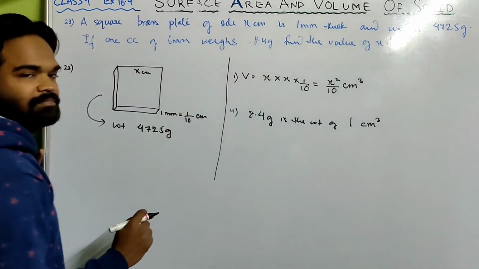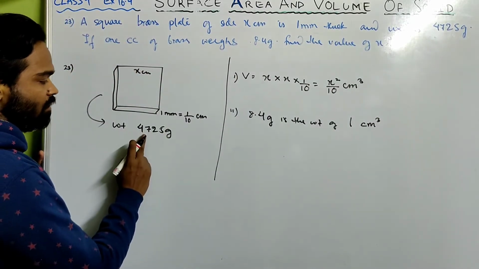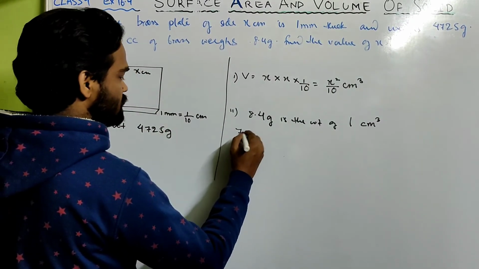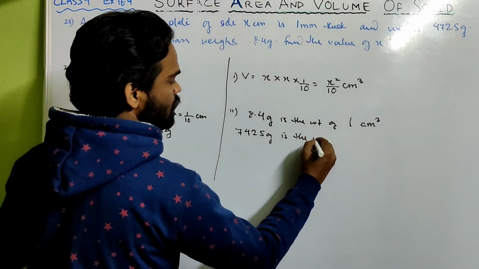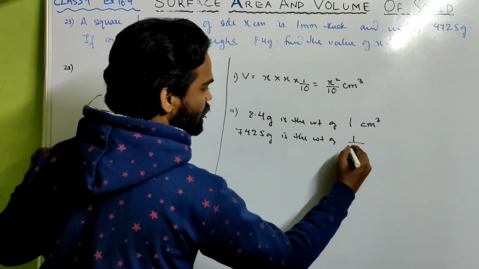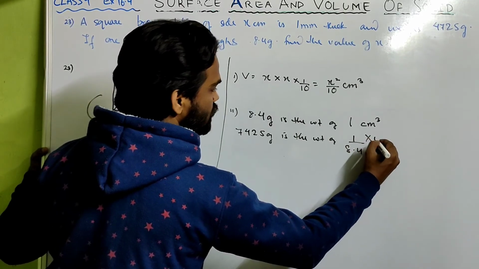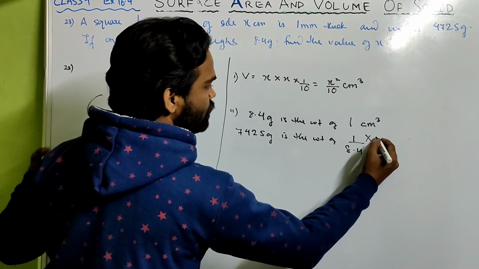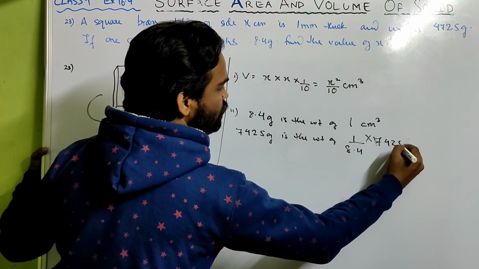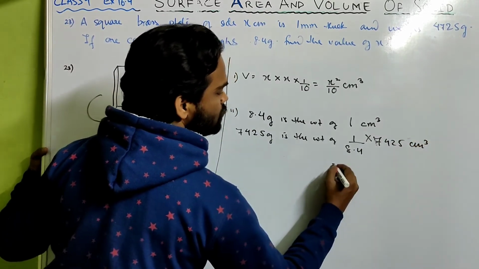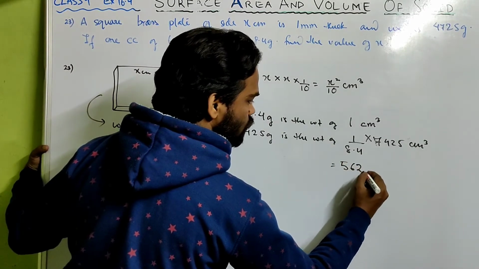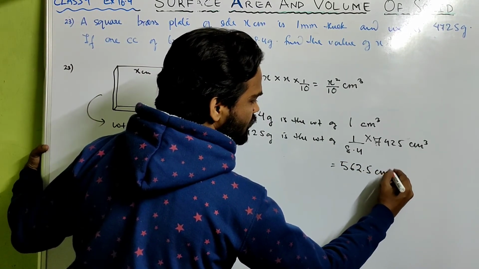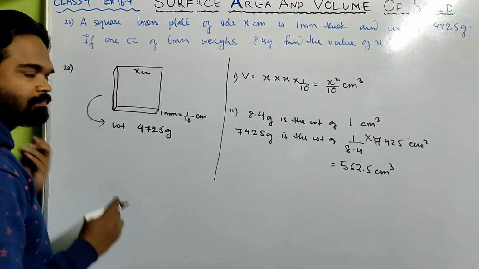They have given the weight is 7425 gram. 7425 gram is the weight of 1 by 8.4 into 7425 centimeter cube. That's 562.5 centimeter cube. That's the volume.